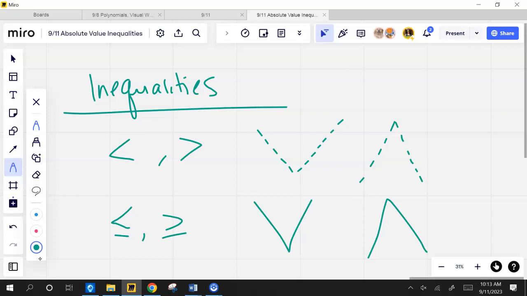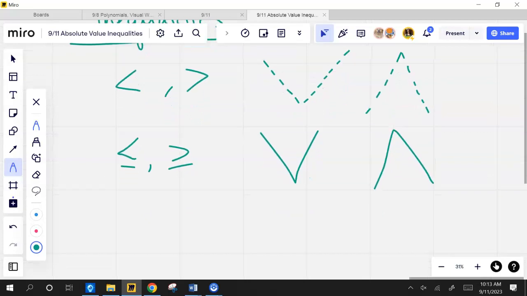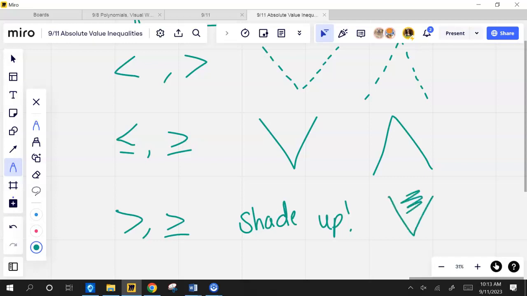And then the other part is shading. If it is greater than or equal to, I'm going to shade up, like this, or on the outside of it if it's going down.